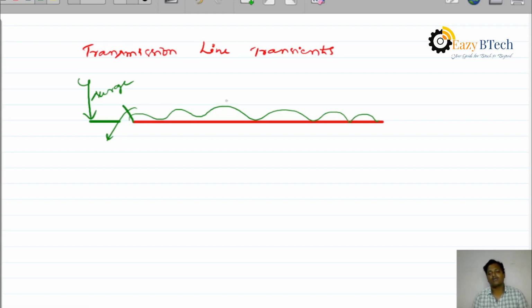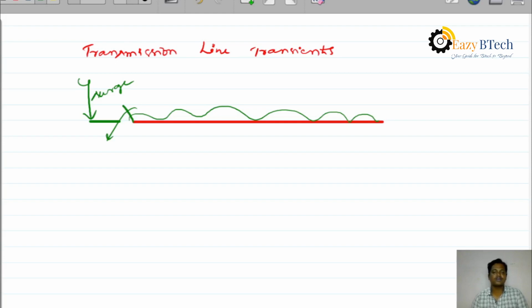Here, what do we have to analyze? We are analyzing how the transmission line acts if there are any disturbances. The surge phenomenon is very important to protect our devices in the overhead transmission system. How do we analyze this surge phenomenon?